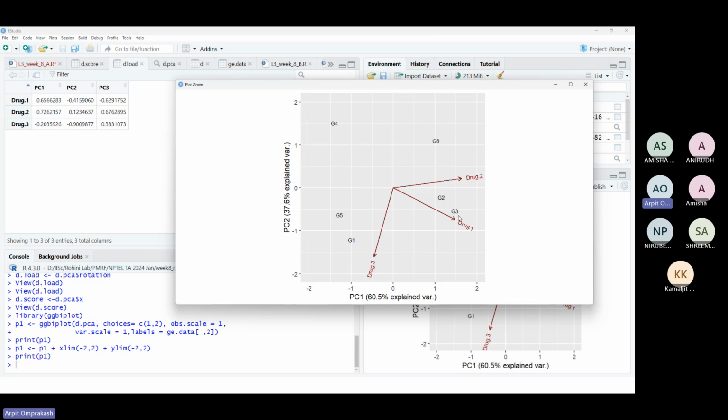So if drug 1 increases, PC1 increases. Drug 2 is also positively correlated, 0.72. So if drug 2 increases, PC1 increases. Drug 3 has a negative correlation, minus 0.2. So if drug 3 decreases, PC1 increases.